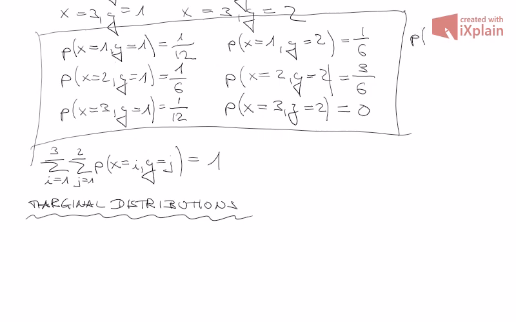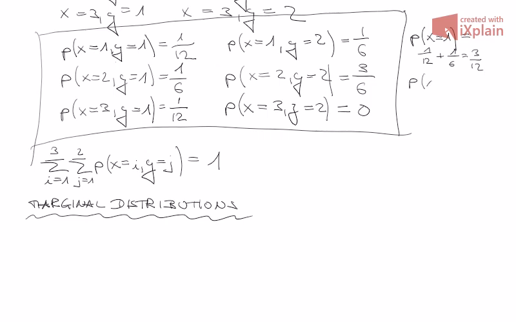So here we can write p(x = 1) is 1 over 12 plus 1 over 6, because think of it this way: if you sample from that, then you will have cases where x comes up 1 and y comes up 1, and x comes up 1 and y comes up 2. If you're interested in only x, you can add the cases that came up as y equals 1 and y equals 2. So not over 16, of course, but over 6. This is 2 over 12, so 3 over 12.